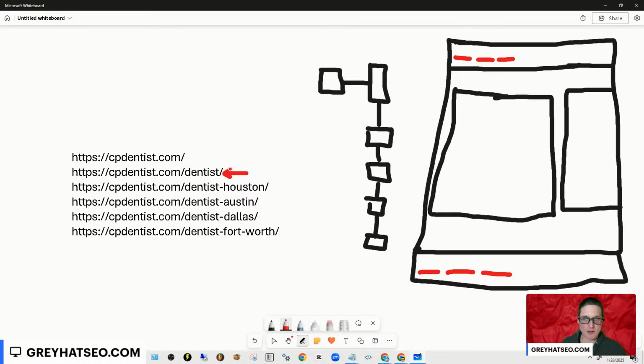With that being said, what we want to do is take our internal linking block. See this? If you were to convert this into anchor text, for instance, just the word Houston or dentist Houston, dentist Austin, dentist Dallas, dentist Fort Worth, I don't care if you had 700 of these.